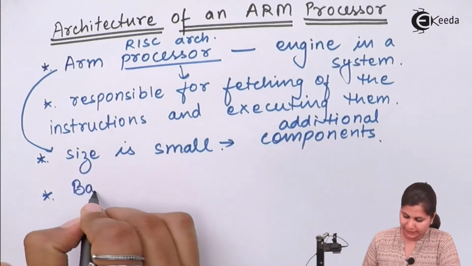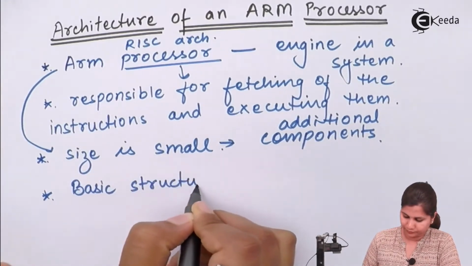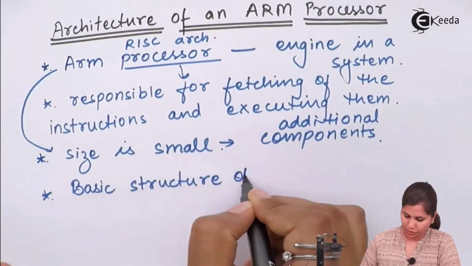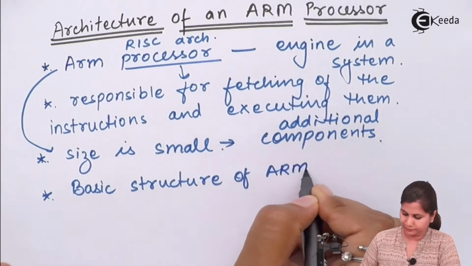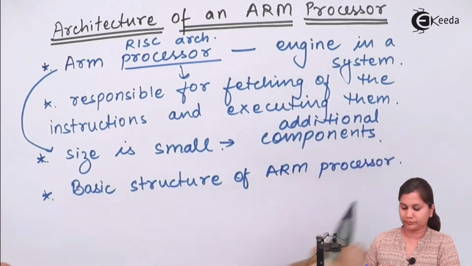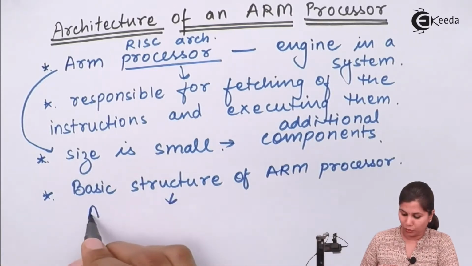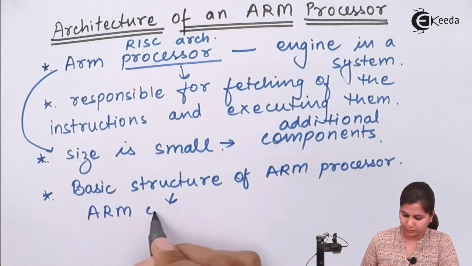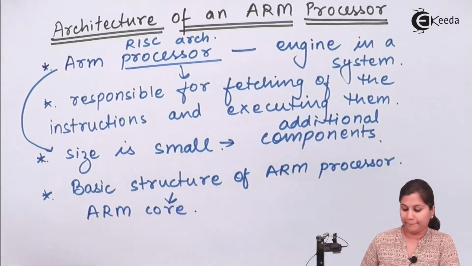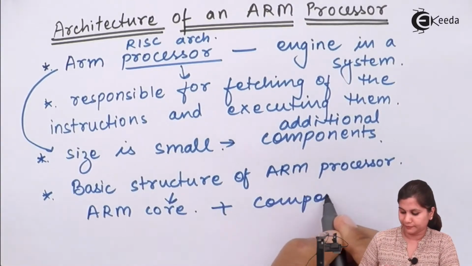So if we see the basic structure of ARM processor, it will consist of the ARM core plus some other additional components.